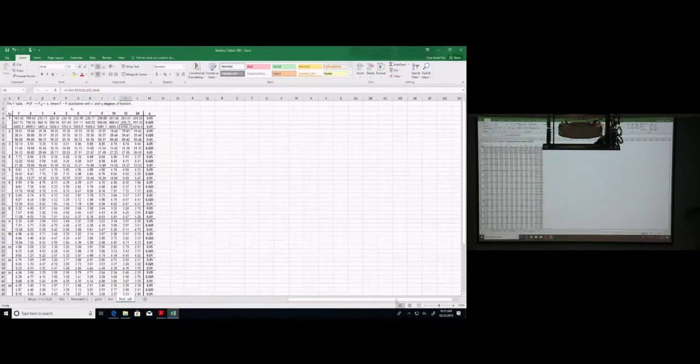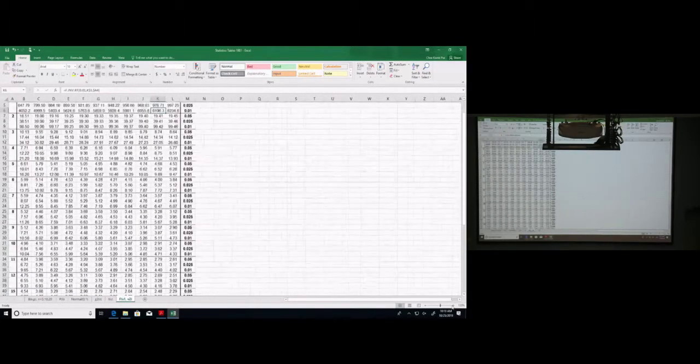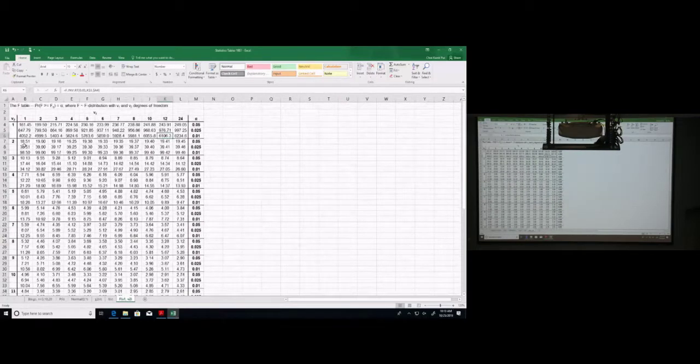And then this is the F distribution. F distribution has 2 degrees of freedom. So as a result, this is the first degree of freedom, I mean the columns, and the rows are the second degree of freedom for the F distributions.